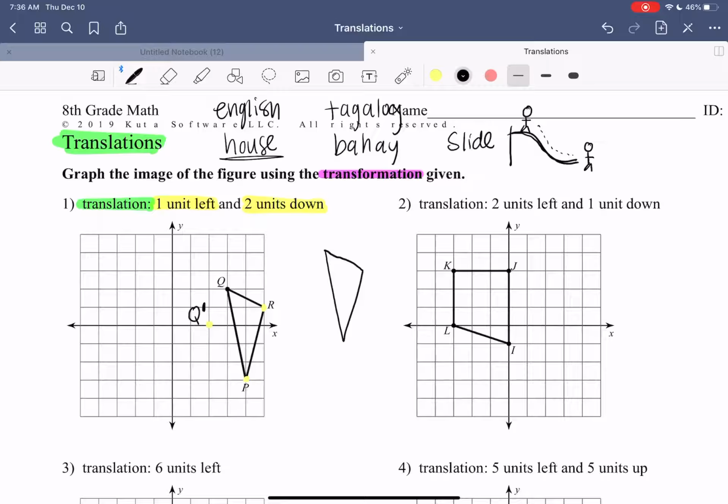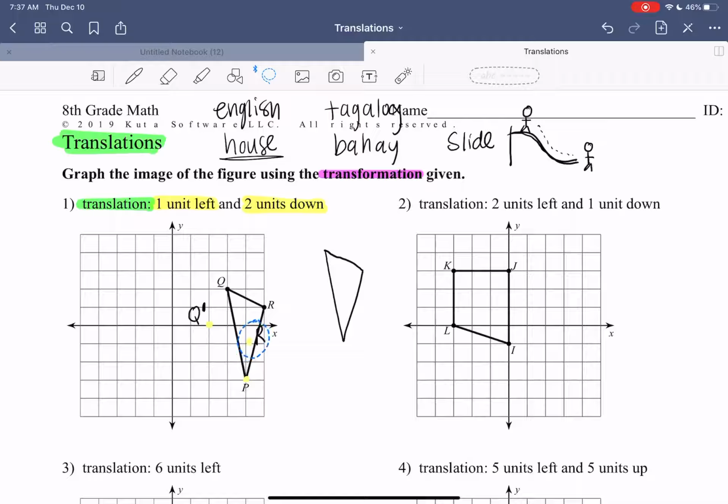And that tells us that it's in a new location. So let's go ahead and do that with our other vertices. So we have R right here. What we're going to do with this is take our R and translate it in the same way they just told us. So we're going to go 1 unit to the left and 2 units down.